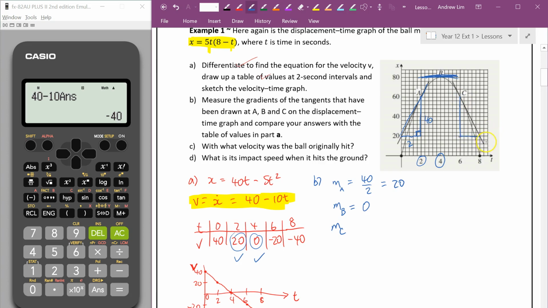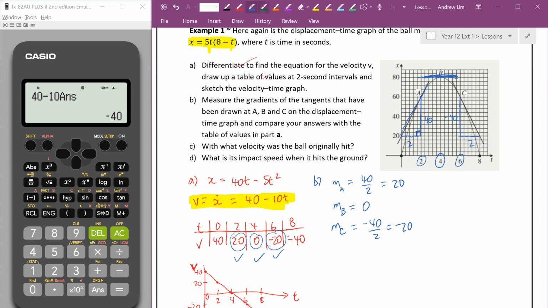It has a rise of negative 40, because it's going down, and a run of 2. So negative 40 on 2 is negative 20. C is at t equals 6. At t equals 6, velocity is negative 20, or gradient is negative 20. So that's good.